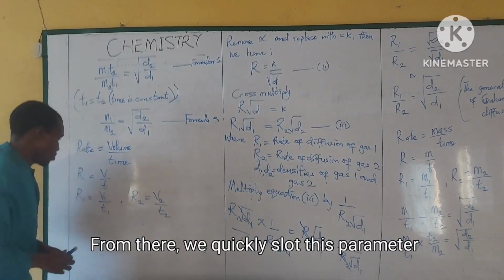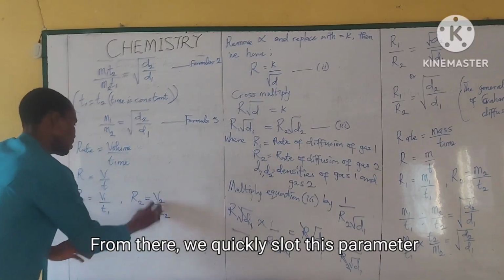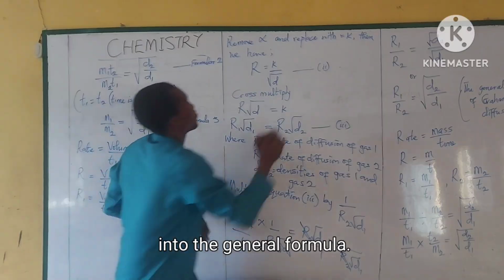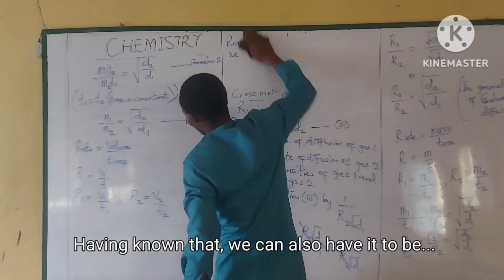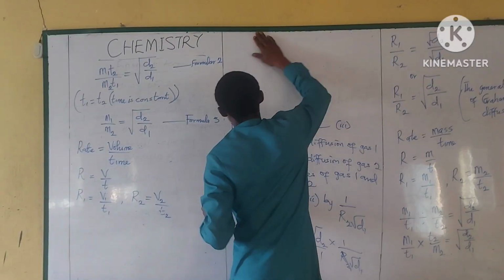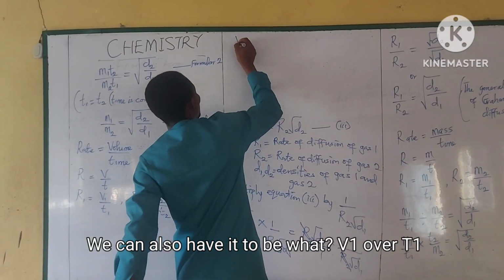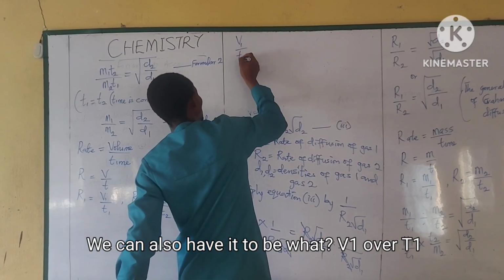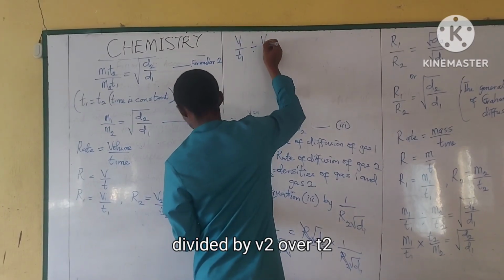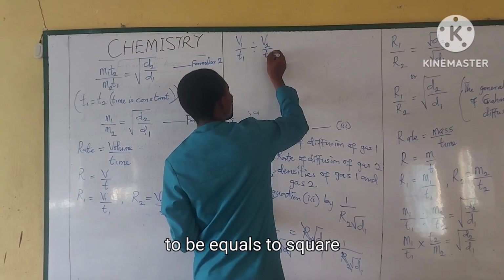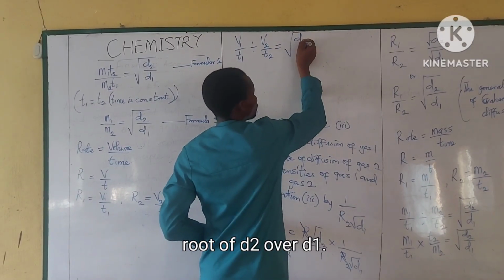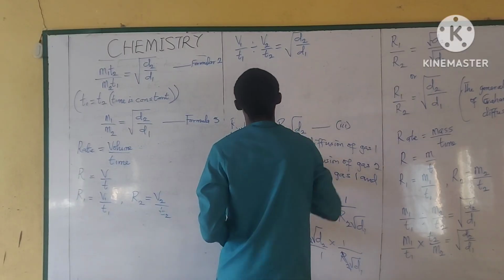From there, we quickly slot this parameter into the general formula. Having known that, we can also have V1 over T1 divided by V2 over T2 to be equals to square root of D2 over D1.